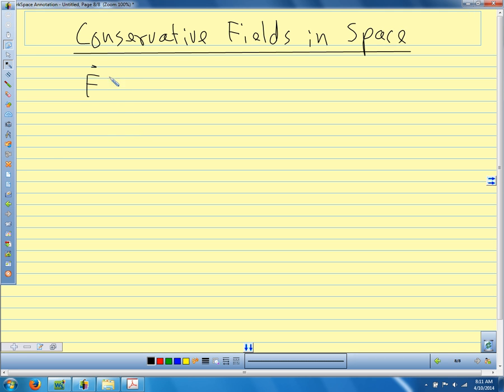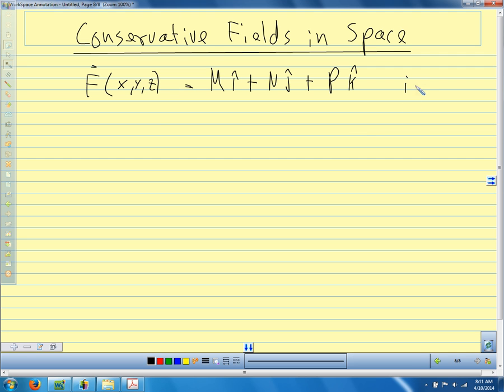Our vector field of x, y, and z in space, and we're saying that's M i hat plus N j hat plus P k hat, is conservative if and only if del cross F equals 0.